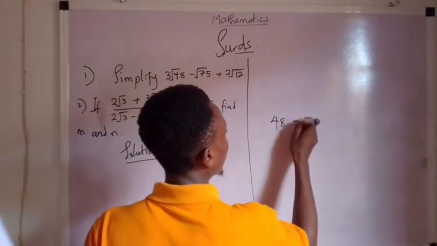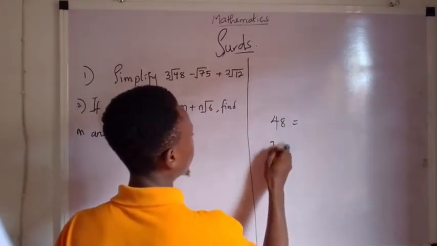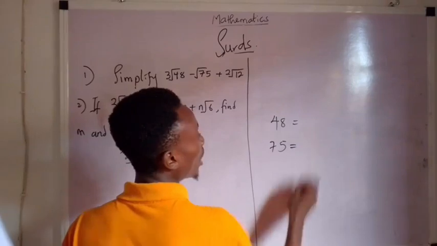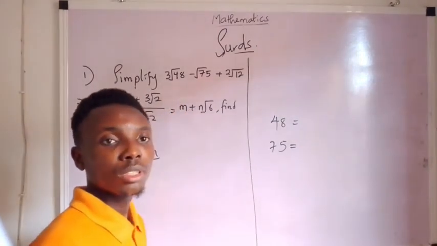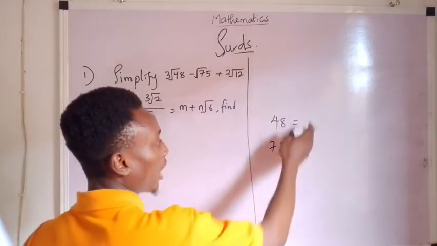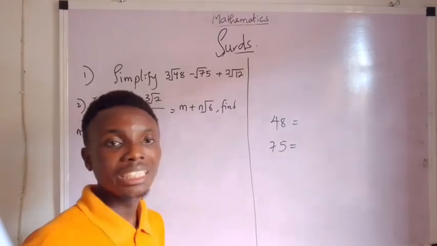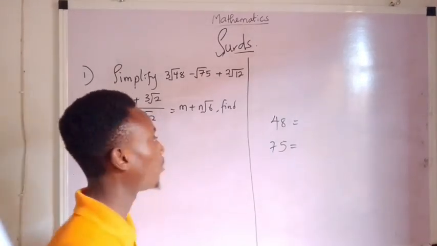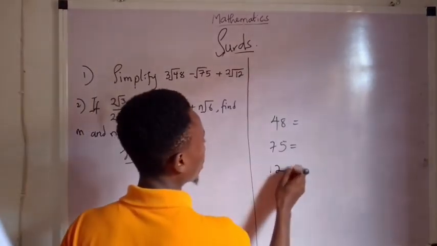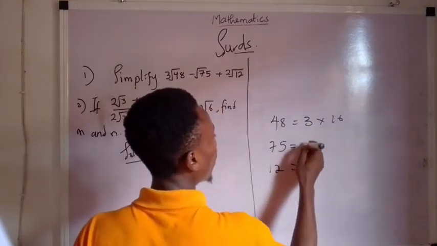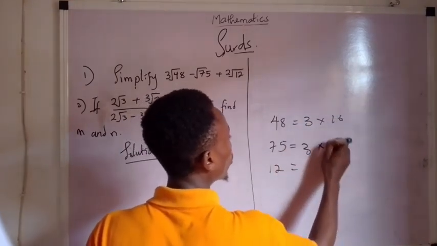Most times, the numbers that are surds would have a non-perfect square as a common factor and a perfect square also as a factor of each one of them. For example, looking at this, you discover that 48 is what? 3 times 16. 75 is what? 3 times 25.